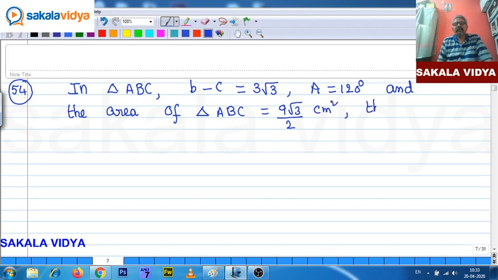Then small a equals, that means the side a we need to evaluate. The first option is 6, second option is 8, third option is 9, fourth option is 7.